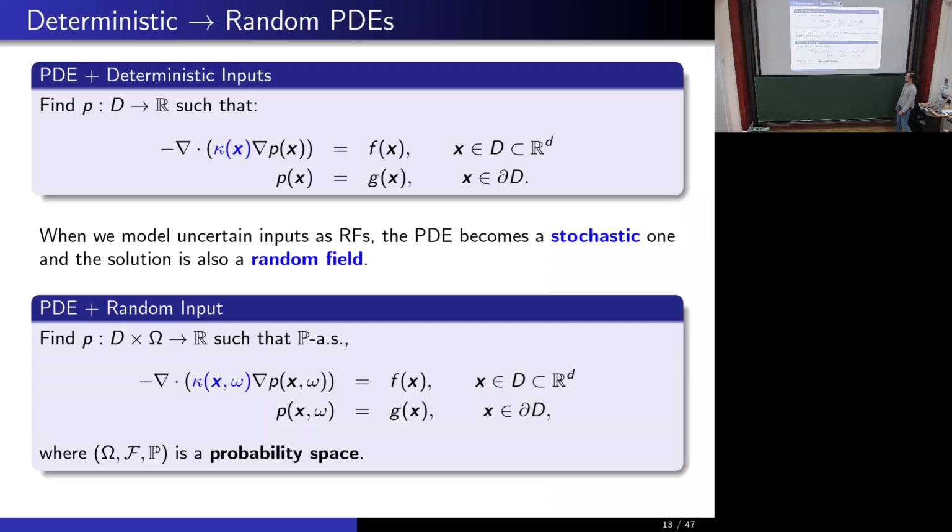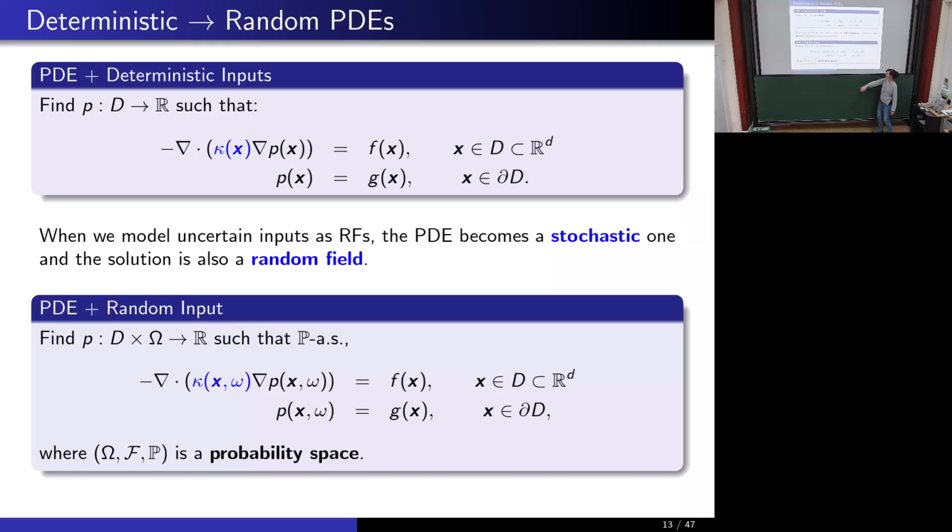We have to develop our mathematical formalism, and this is usually how we state the problem. We have a random field now, with a distribution associated with it, a probability measure associated with it. Rather than saying, find me a function p, which is just a function of x, such that that thing holds, now this is how we state the problem. Find me a random field, because the solution is a random field now, such that with probability 1 this stochastic version of my problem holds.